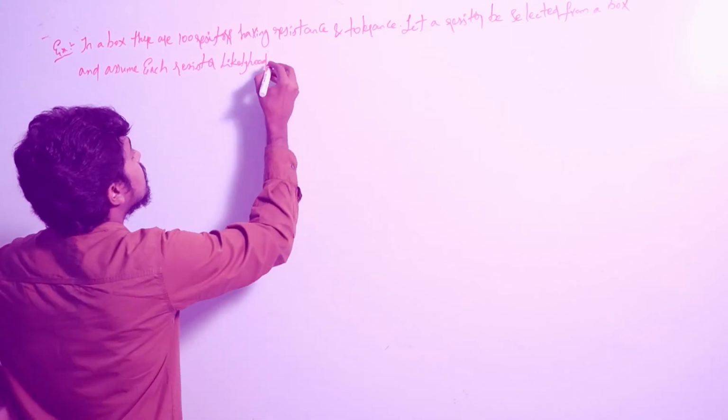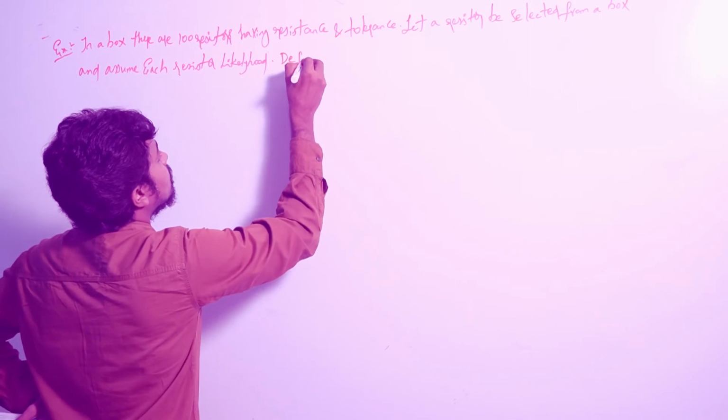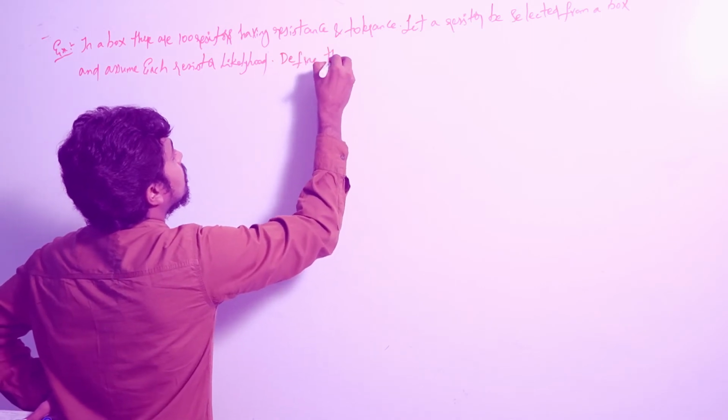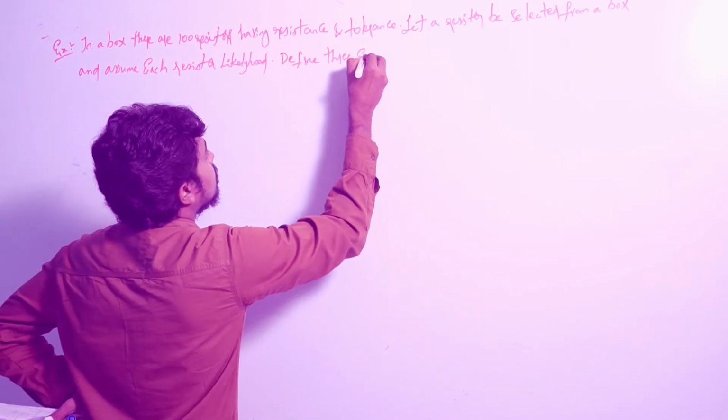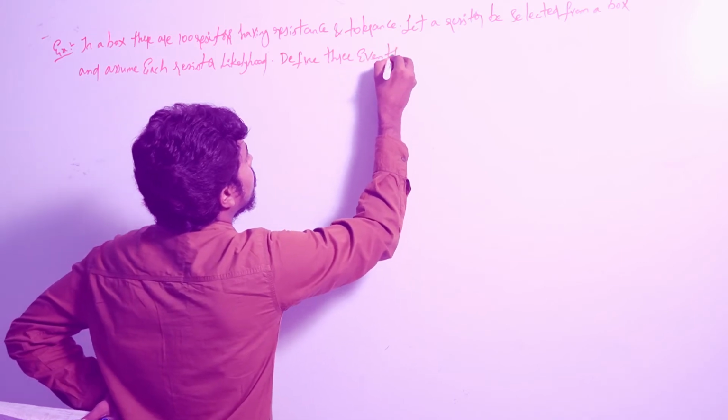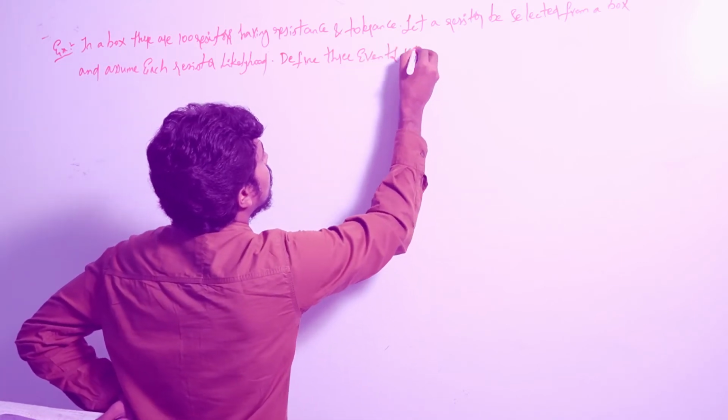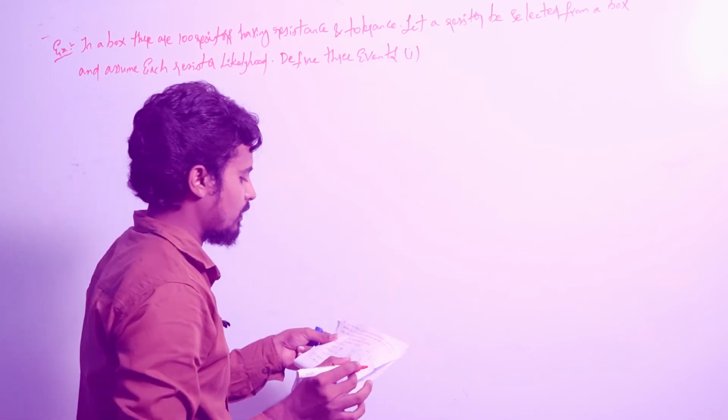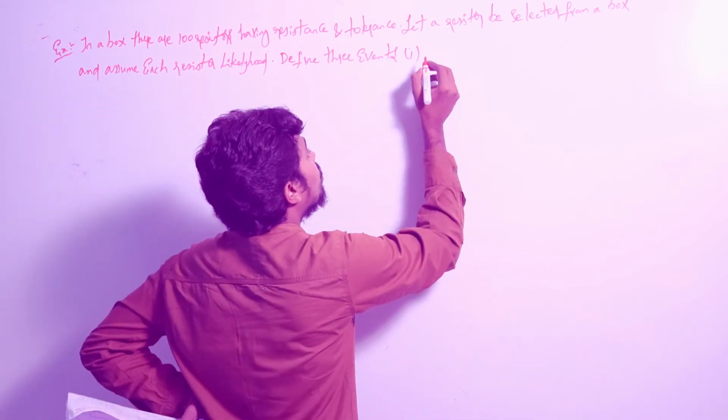Define 3 events. Event 1: A has drawn a 47 ohm resistor.